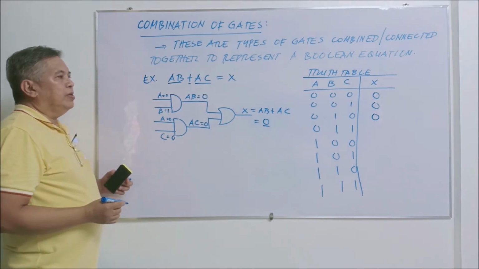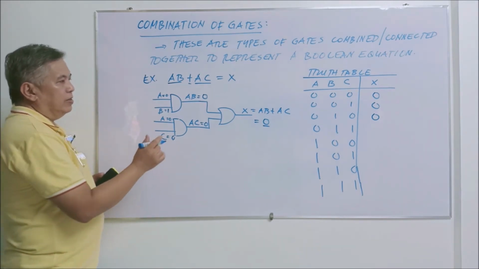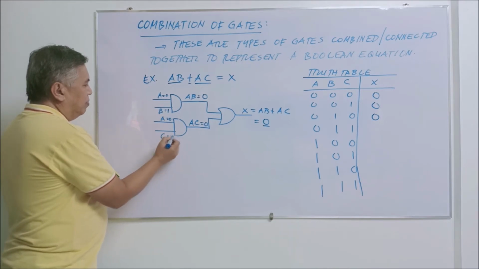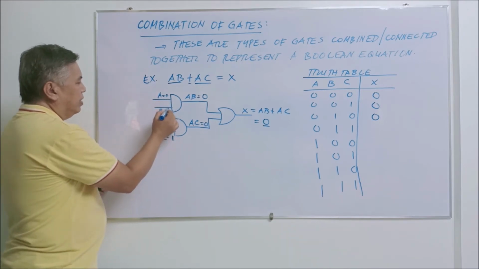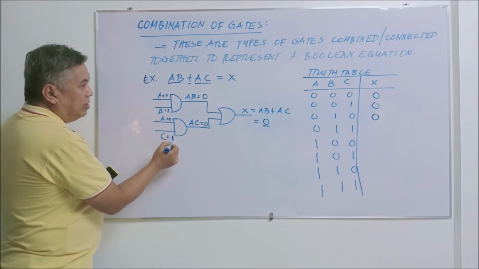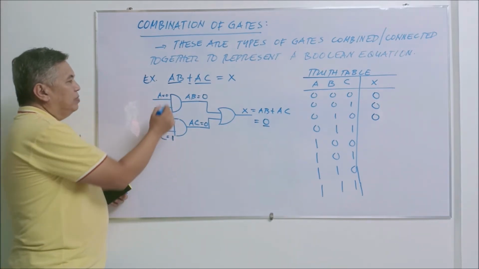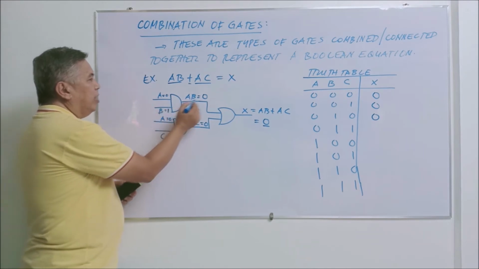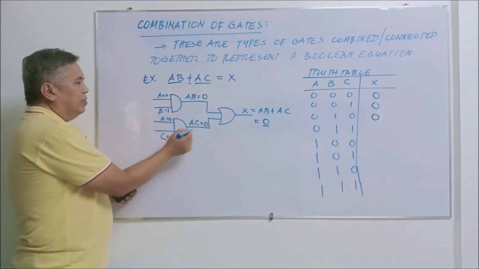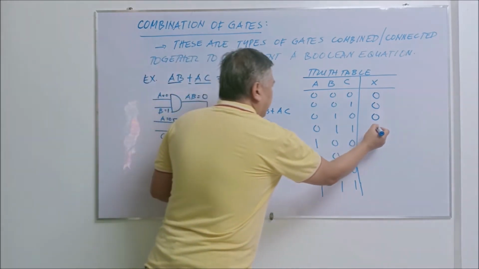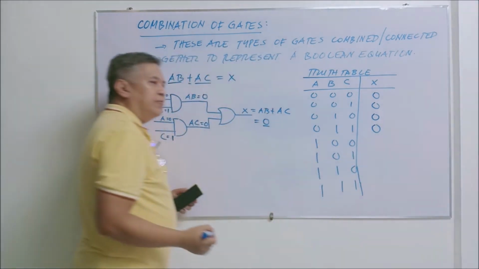Then you have 0, 1, 1. So C is already 1, and B and C are 1, but A remains 0. So you have 0, 0 again at the AND gates, and for the OR gate, the output remains 0.